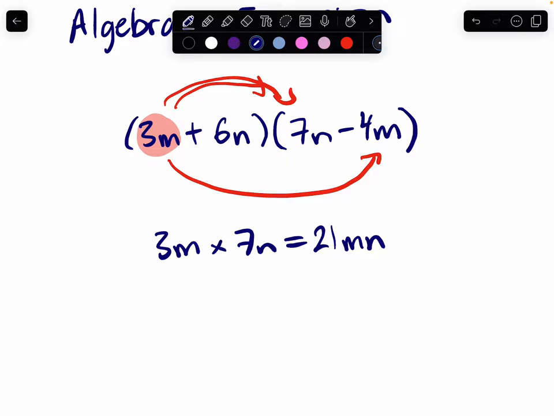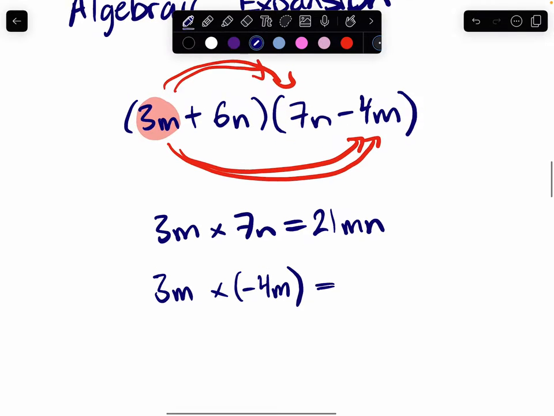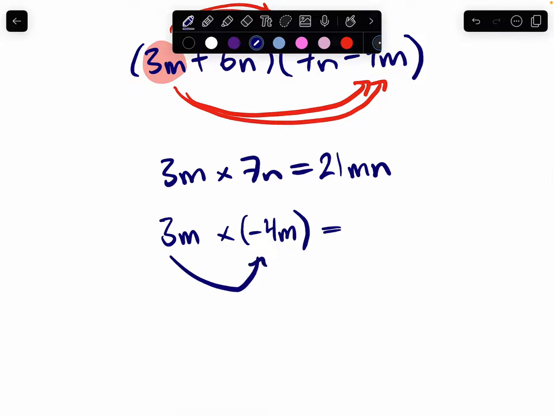And then we're going to go for our next step, so this bottom one, and remember we're multiplying by the whole second term, so negative 4m. And when we do this, we put brackets around it, so 3m times negative 4m equals, again, 3 times negative 4 is negative 12, and then m times m is m squared.